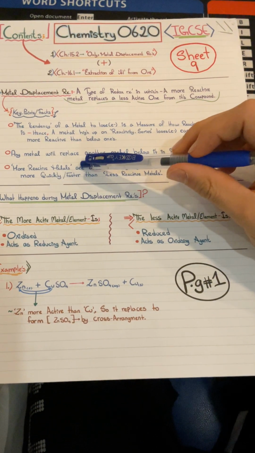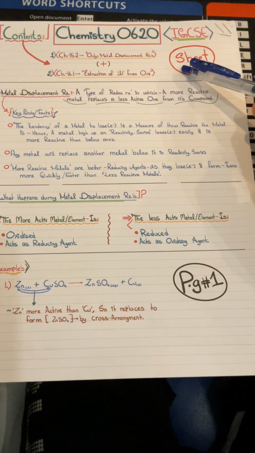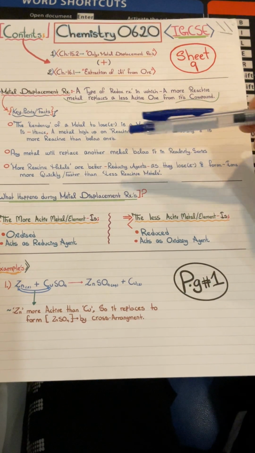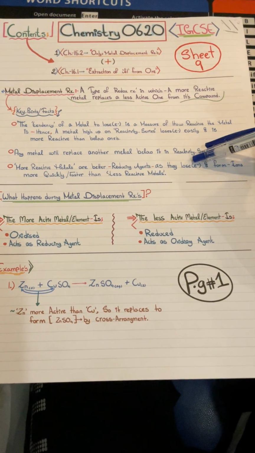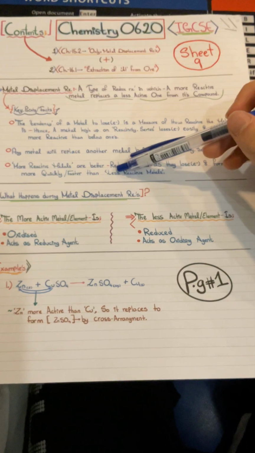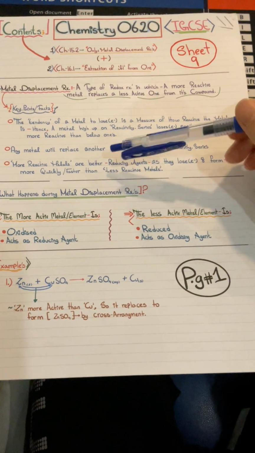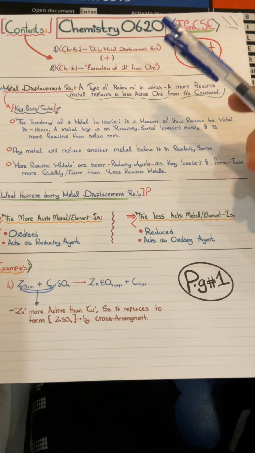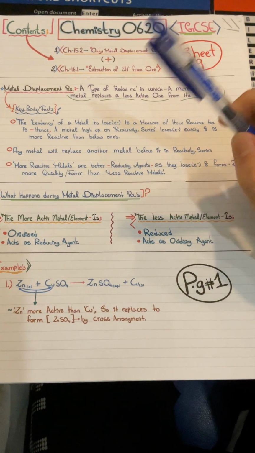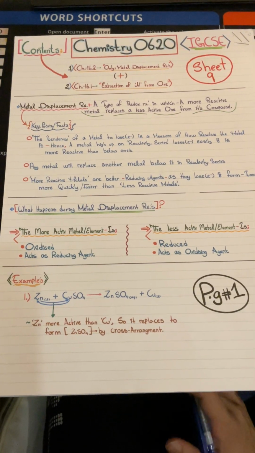Of course, any metal would replace another metal below it in the reactivity series because the metal higher is more active than the metal below it. More reactive metals are better reducing agents as they lose electrons and form ions more quickly than less reactive metals. Clearly, because more reactive metals are faster at losing electrons, they are better reducing agents because they become oxidized much faster.